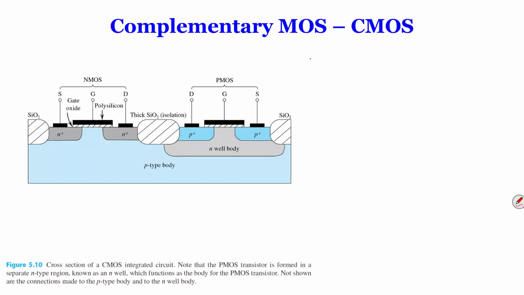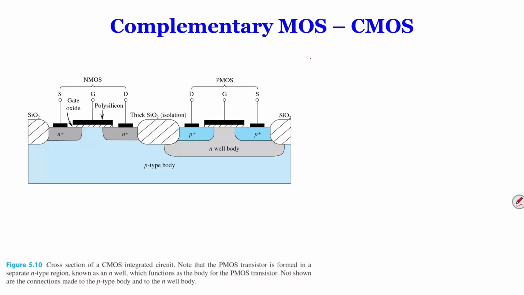And when you dope these two, you can see that this forms an NMOS. But on this p-type substrate, we dig a big well. Then this becomes the body of a PMOS. And on this body, you dig two wells and you dope material to make p-type semiconductor, and then this forms a PMOS.